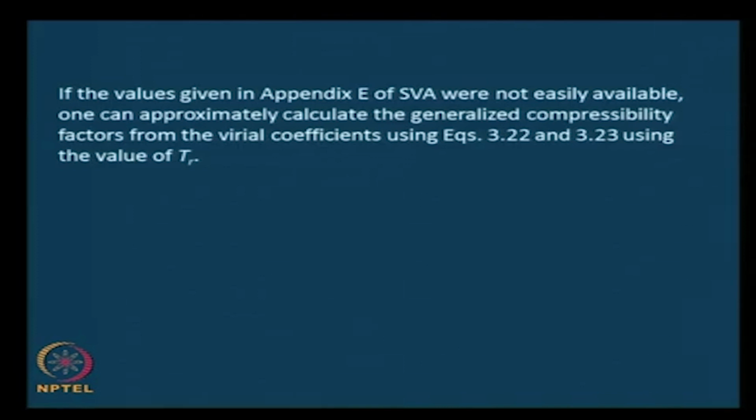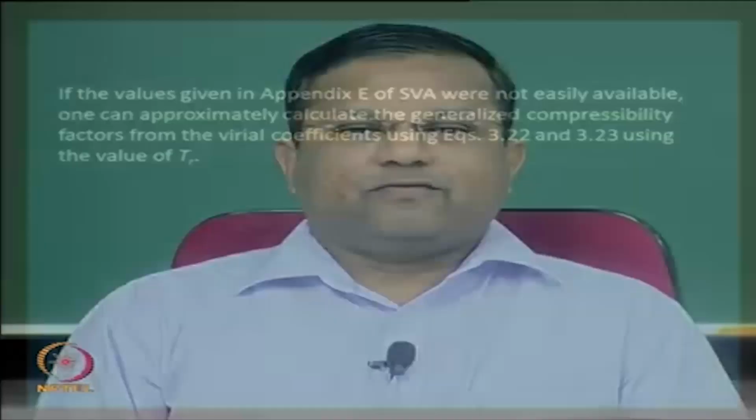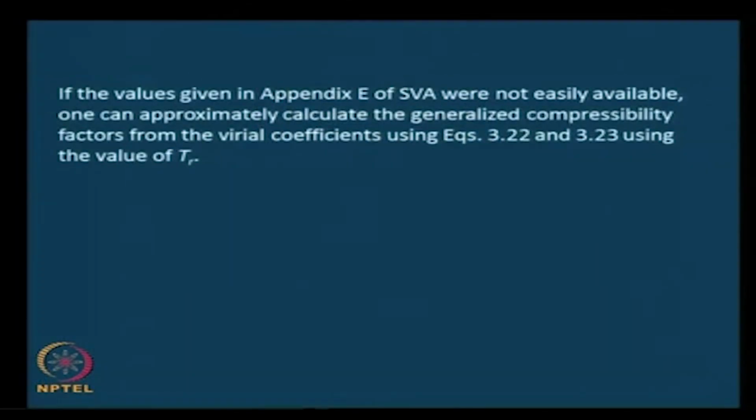Take 2 minutes to do the comparison. You would have found the improvement in the level of accuracy. Hopefully, if you compare with the actual experimental value, you will know that, but at least you will see the difference between the generalized correlation and the ideal gas value. Definitely that would have been stark, and the comparison between the generalized correlations and the virial coefficients will give you some idea of what differences to expect from these two approaches.